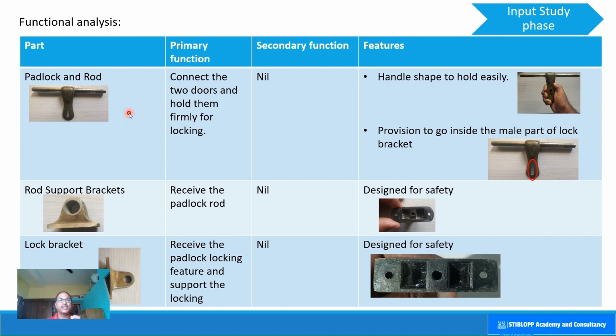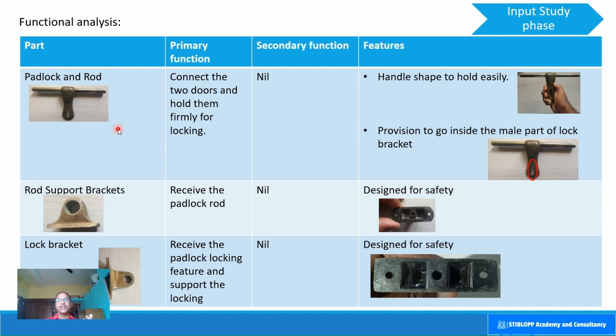If we don't do the functional analysis and directly jump into the value engineering phase, or the feasibility phase, or the idea generation phase, then we may end up coming up with ideas where the functions are not adhering to the existing design. So that's the reason doing the functional analysis is very, very important.